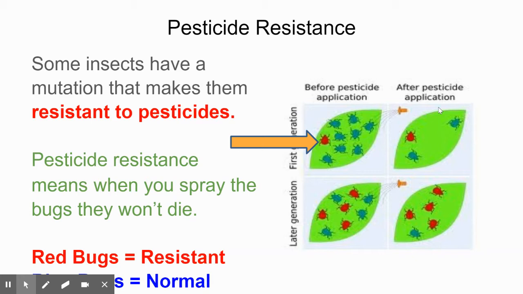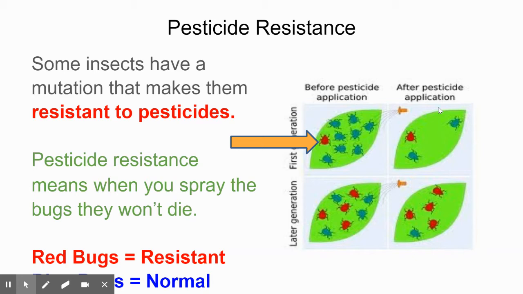It could be that the mutation makes their exoskeleton, so kind of like their outside part, extra thick. Some of these mutations allow the insects to actually break down the pesticide into a less harmful product. These would just be random mutations.